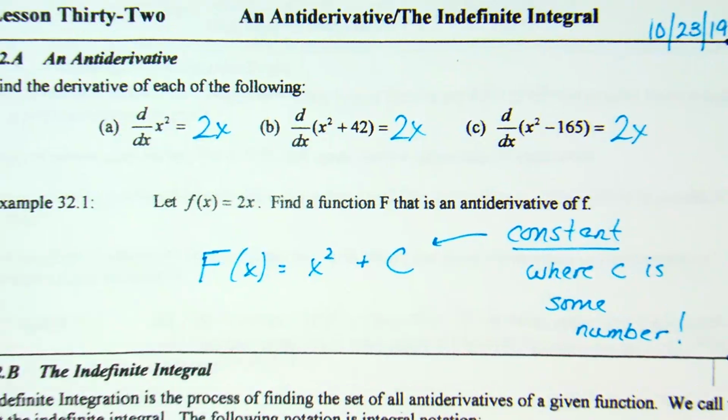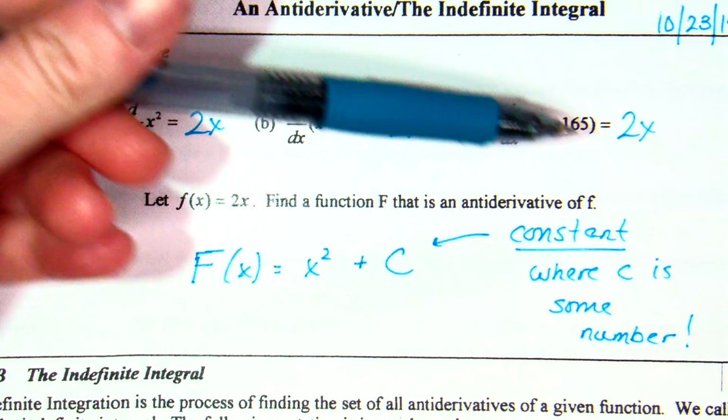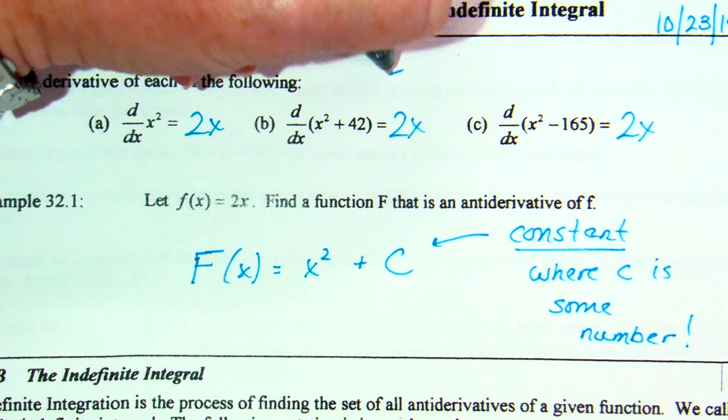Now, one comment I want to mention before we move on and start working with some of this is that based on what we just did, we did all these derivatives, right? They came from 3 different original functions. So when we talk antiderivatives, there are no unique antiderivatives. When we do derivatives, it's something unique. The derivative of x squared is 2x. You're not going to have anything else that has that same thing here.